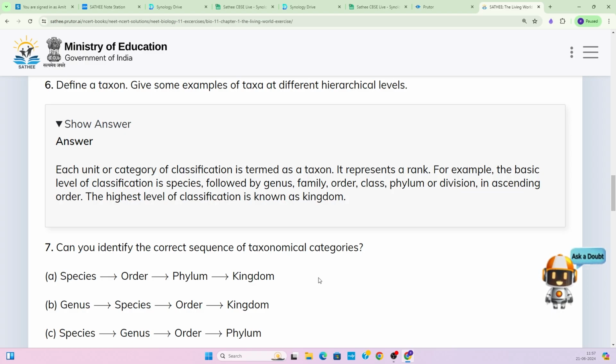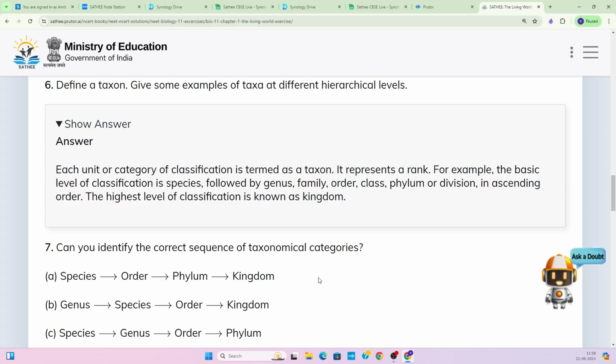If we start from the lowest category, it is a species. Then we move to another category, the genus. Then the family. Then order, then class, then phylum.